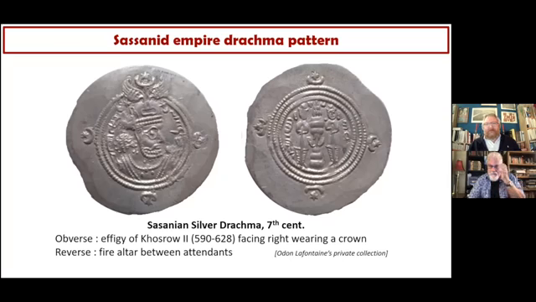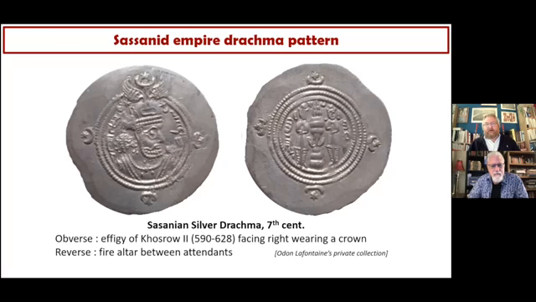So I've bought some, the cheapest ones, because some coins are really, really expensive. This one is a coin which was minted by the Emperor Khosrow II. This one, a silver coin, at the end of the 6th century, beginning of the 7th century.